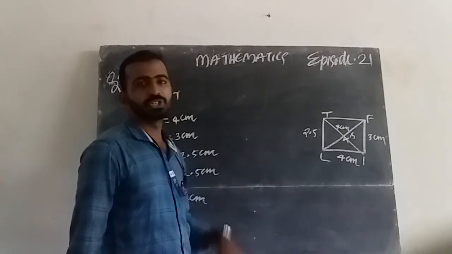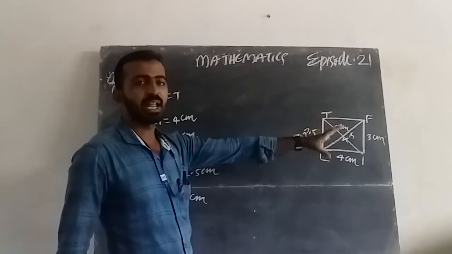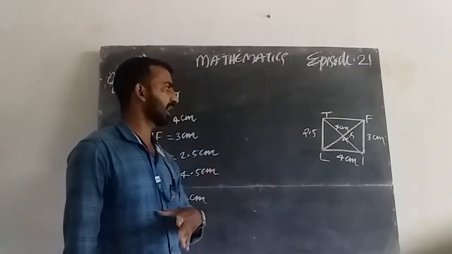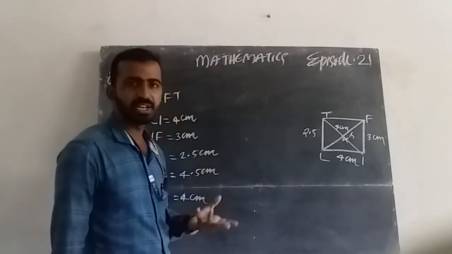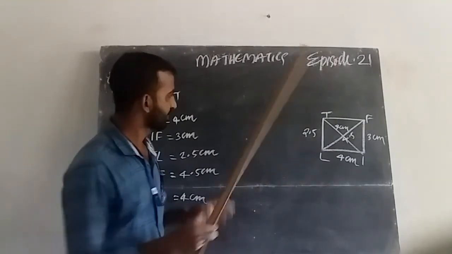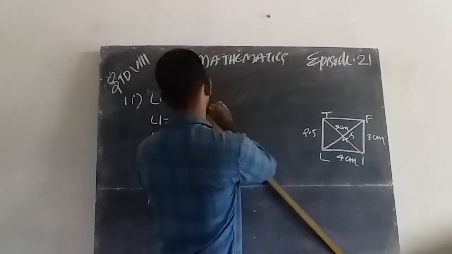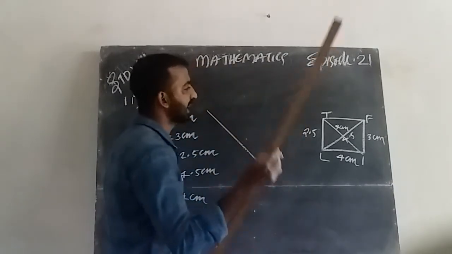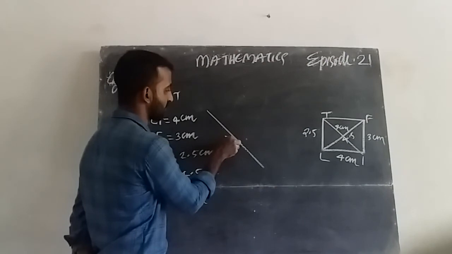Then what is the procedure? First, we draw a diagonal, any diagonal. If you like, you can draw the diagonal LF, or you can draw IT as you like. Here I take IT. Length IT is 4 centimeter, so I draw 4 centimeter long.